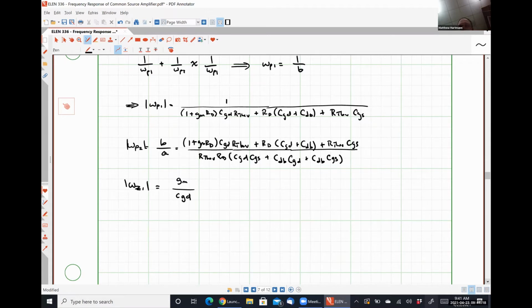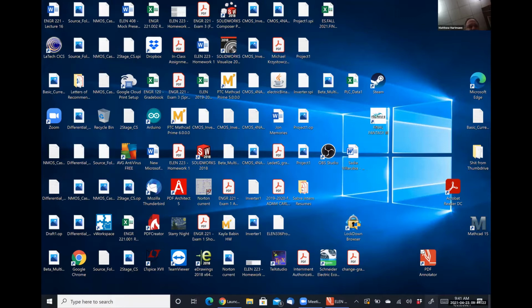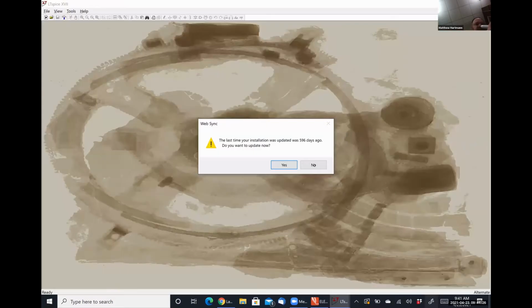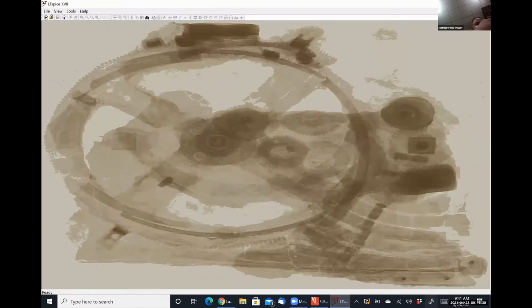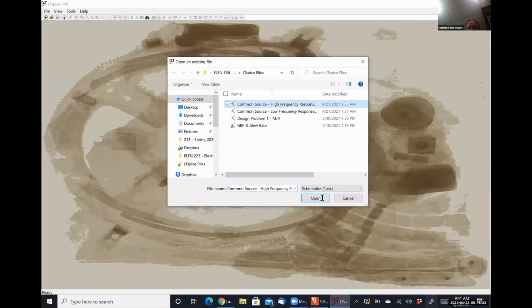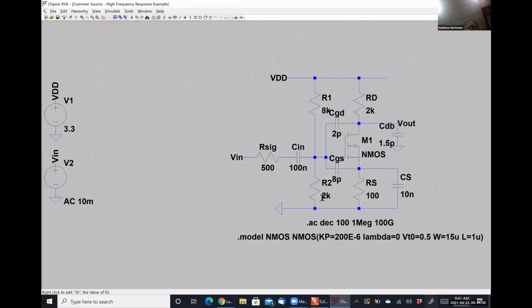All right, so let me pull up our simulation here real quick. If I can find LTspice, there we go. Open high frequency response. All right, and we're looking at this from 1 meg to 100. And right now I have Rsig at 500 ohms, meaning that we have some source resistance.